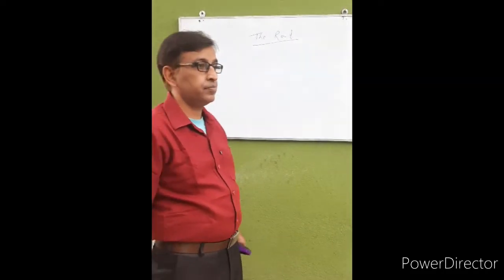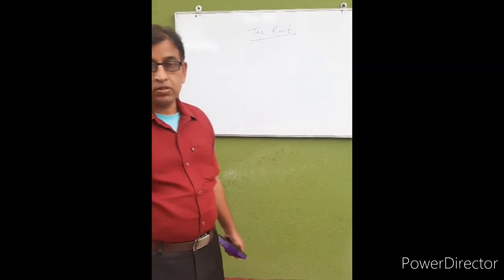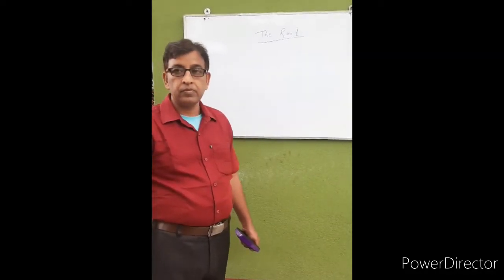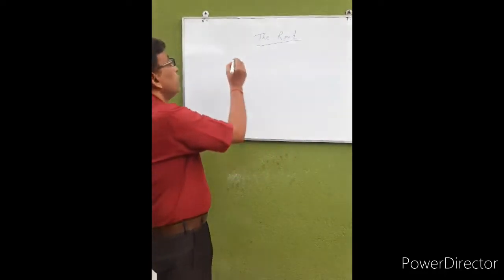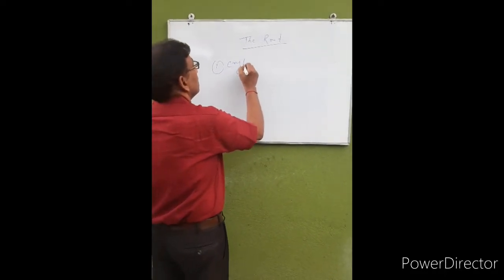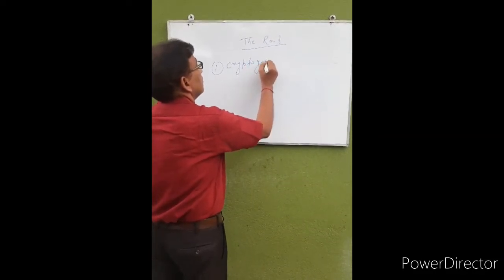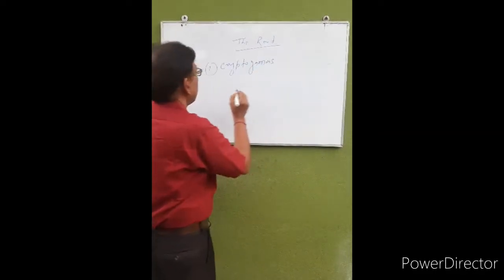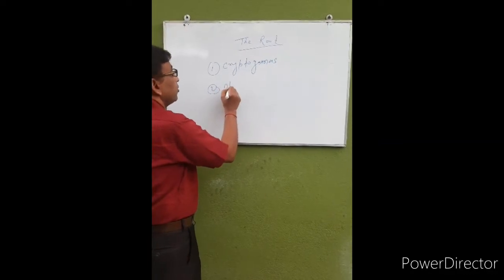Generally, there are two plant groups. First is cryptogamous, and second is phanerogamous.